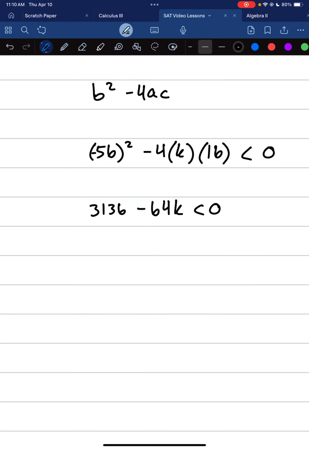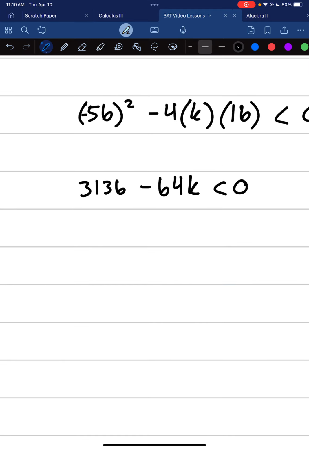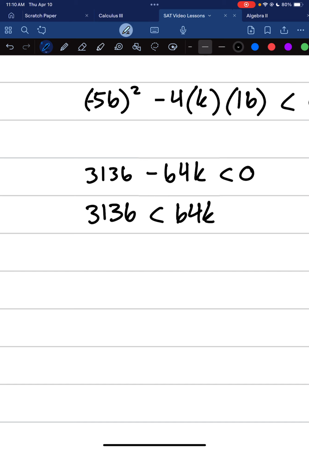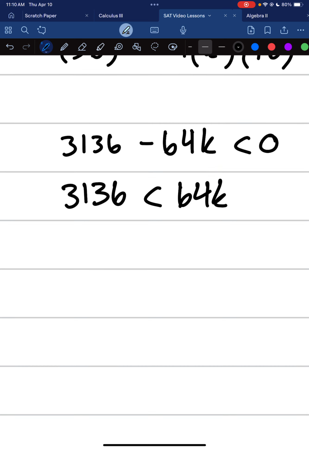Now, if I want to solve for what k is, I can add 64k to both sides, and I end up with 3136 is less than 64k. And if I want to rewrite this inequality, I can write it as 64k is greater than 3136.